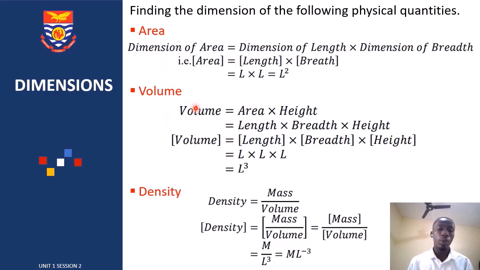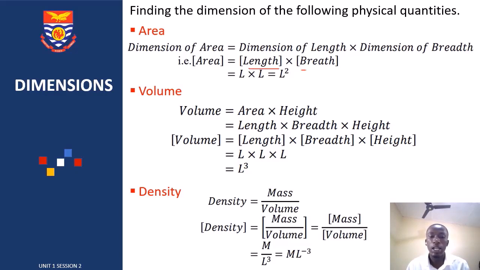I hope you do remember what mass represents, length represents, and time represents, because it's very essential here. Let's look at the dimension of an area. We know that for area, the formula is length times breadth. After writing the formula, you just represent the dimension of each parameter in a square bracket.